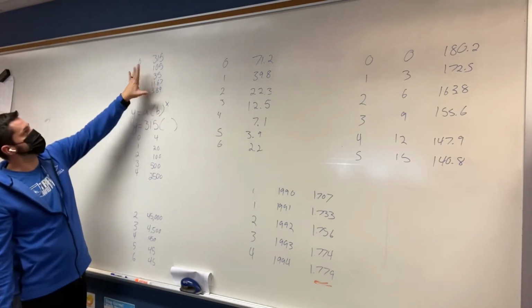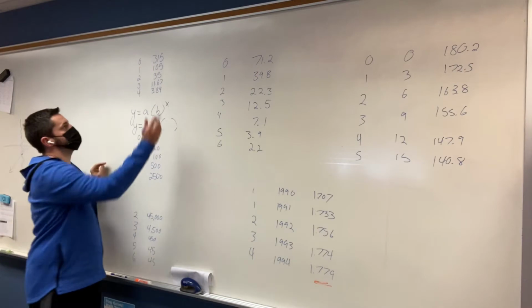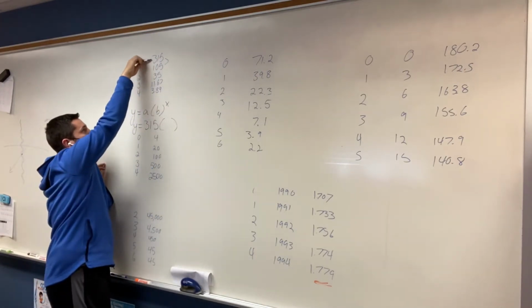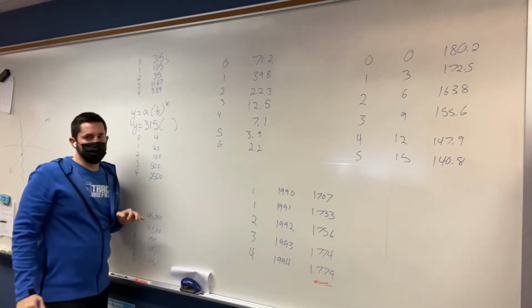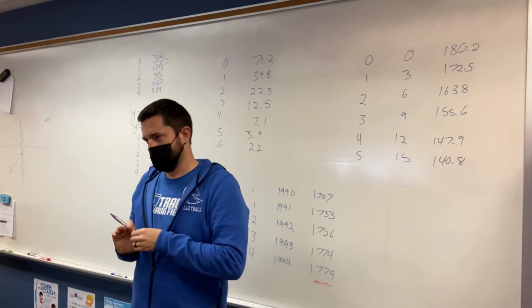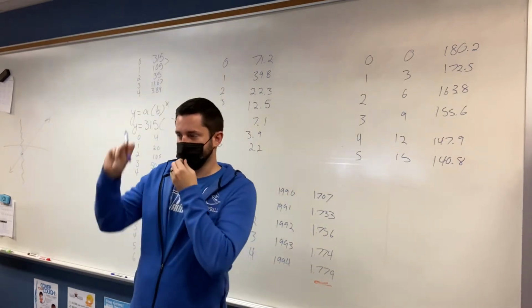Then the common ratio. You're not able to just look at it, so I'm going to do the same thing we just talked about. 105 divided by this, you're going to get 0.33333333. What is that? You should be able to identify that decimal as, oh, I know what that is.